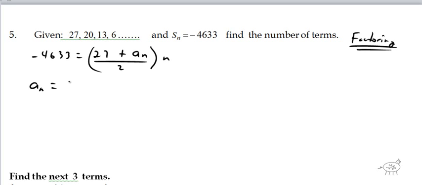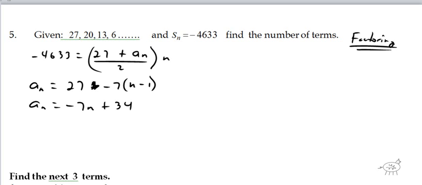And we get a sub n is a sub 1, which is 27, plus d, which we see is negative 7, so it's minus 7 times n minus 1. Okay, and we simplified that, so it's going to be negative 7n, and it's going to be 27 plus 7 plus 34.